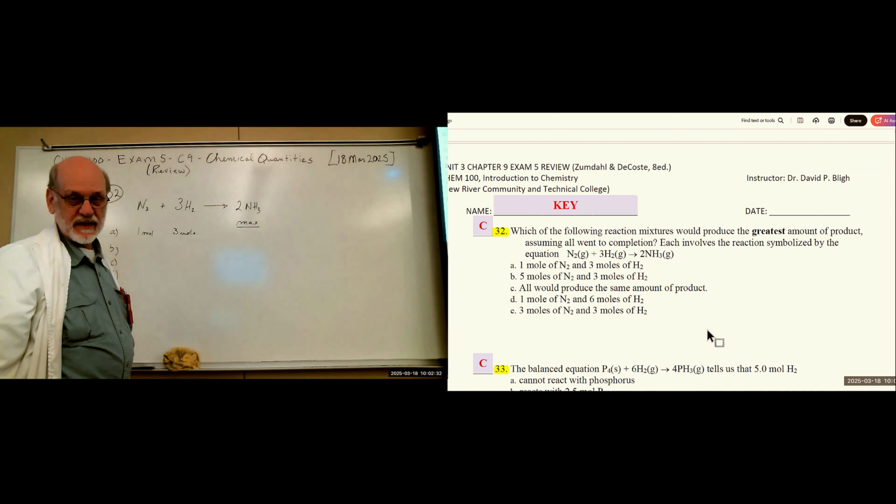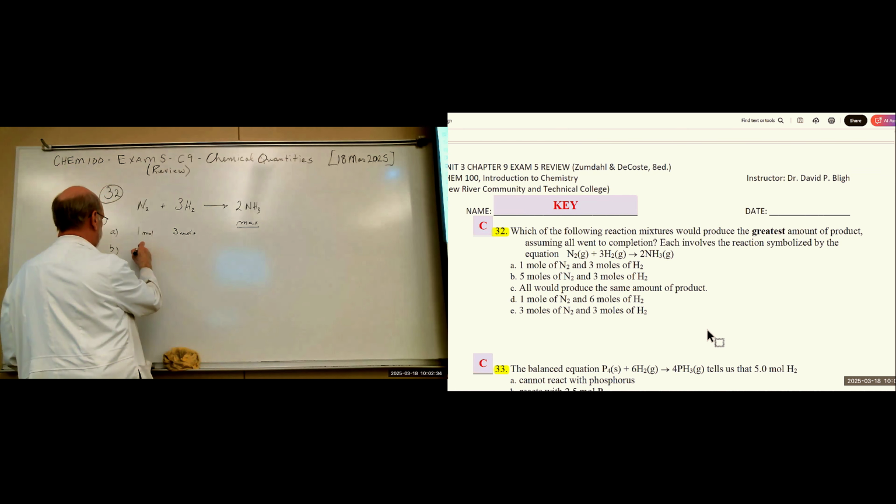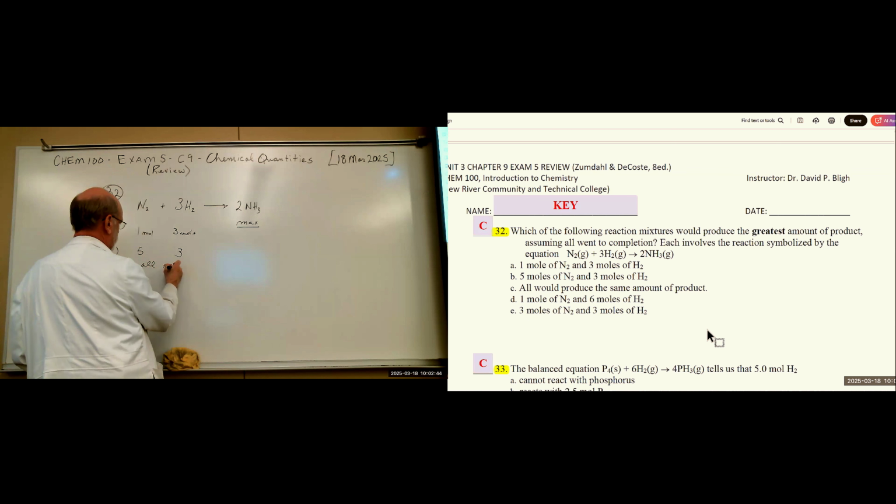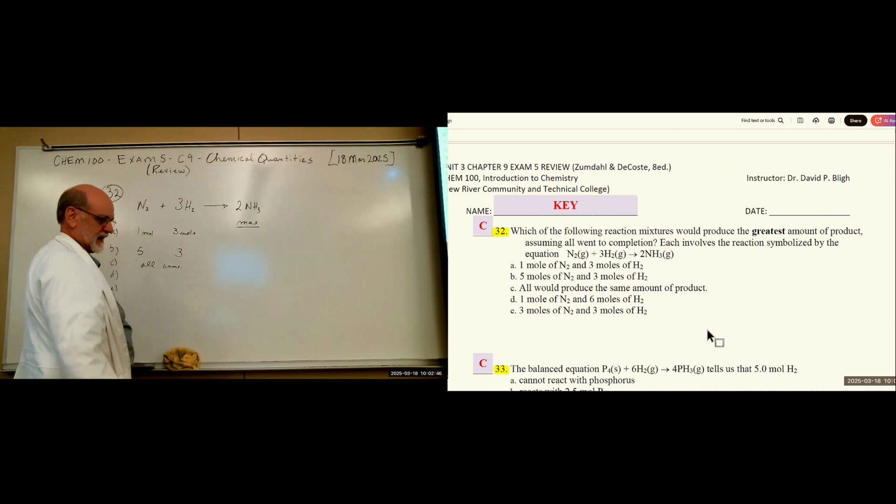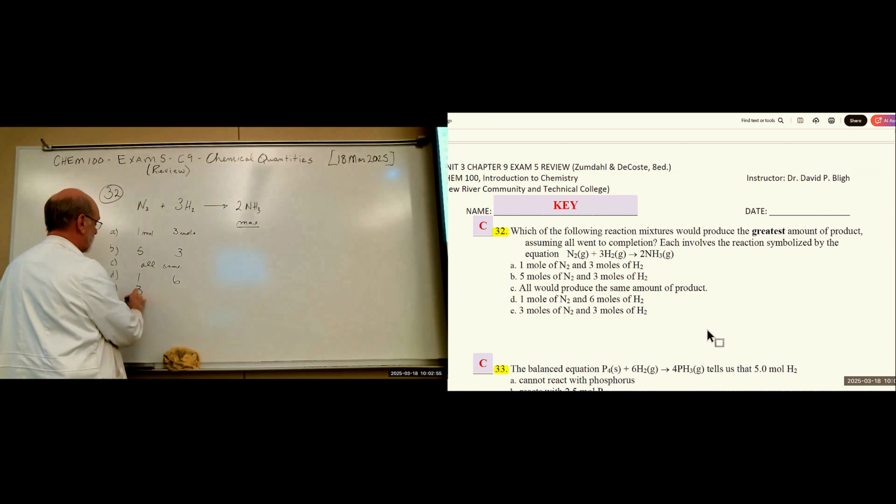Okay, B is 5 and 3. C is same amount. All the same. Okay. D is 1 and 6. And E is 3 and 3.